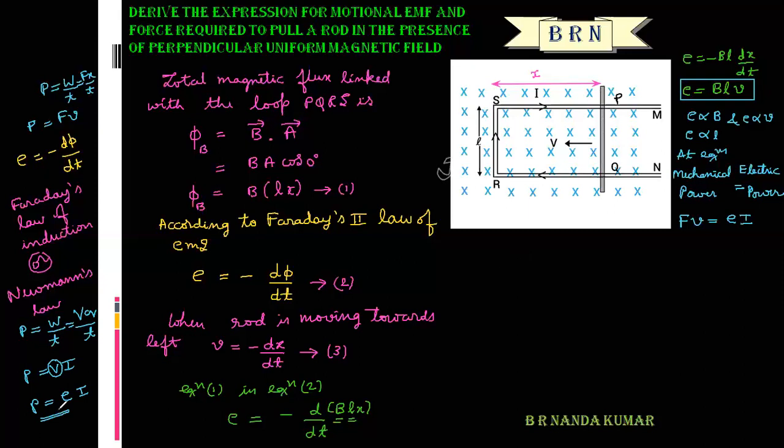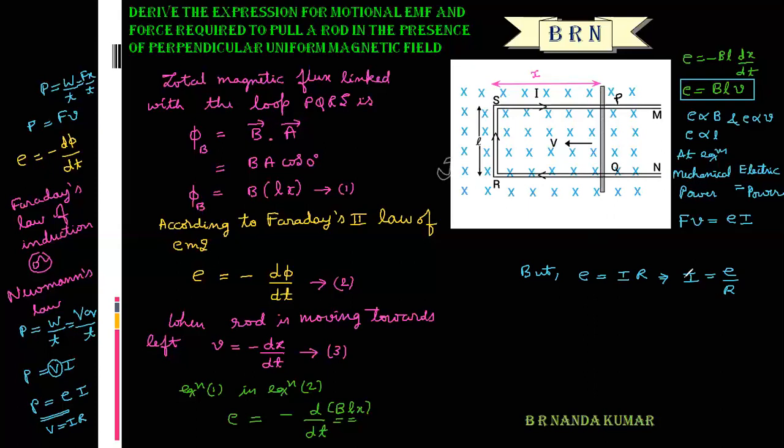According to Ohm's law, V is equal to IR, so here E is equal to I into R. So I is equal to E by R. I is the induced current in the rod.